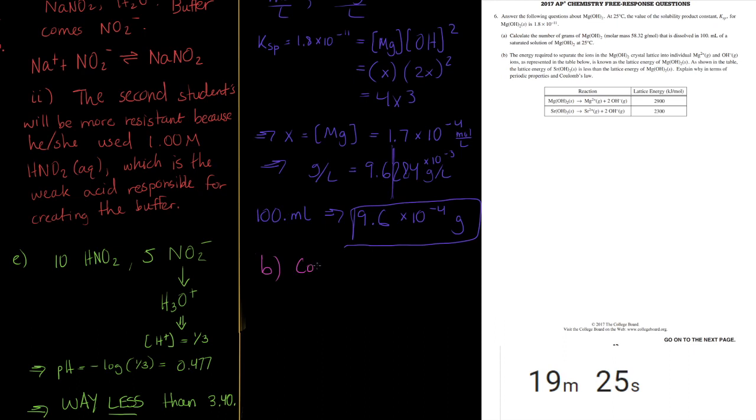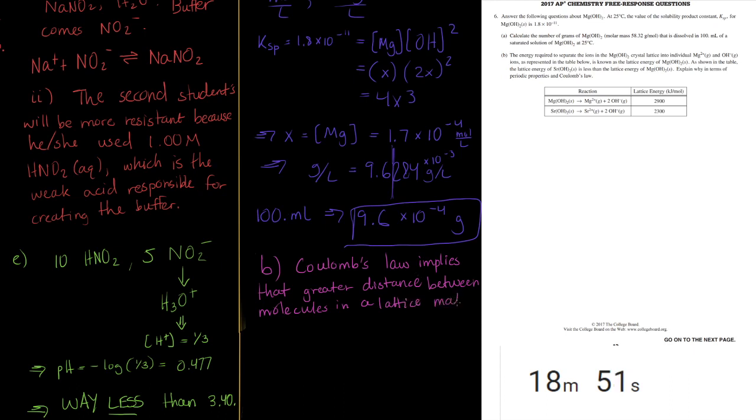So, Coulomb's law implies that, oh, and their charges are the same, so it doesn't matter, that greater distance between the molecules in a lattice makes for a lower energy.